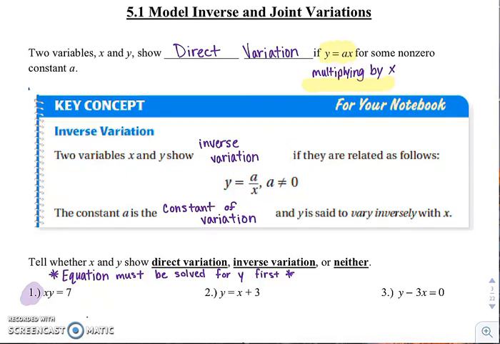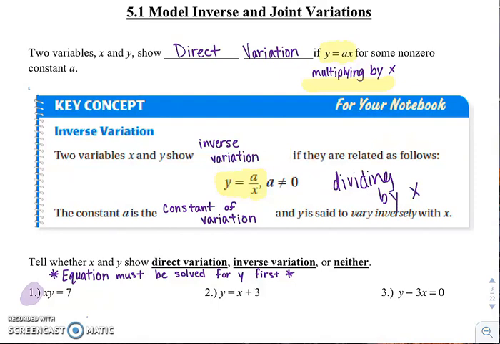And what happens with inverse variation, as x is increasing, y is actually decreasing, and it's when y equals a number divided by x. So direct is multiplying, inverse is dividing by x. So if you kept plugging in larger numbers for x each time, if a is staying the same, well, 3 divided by 4 is one value, it's 0.75.